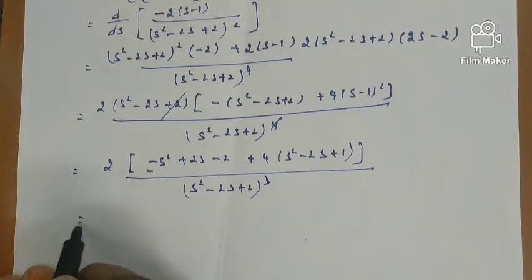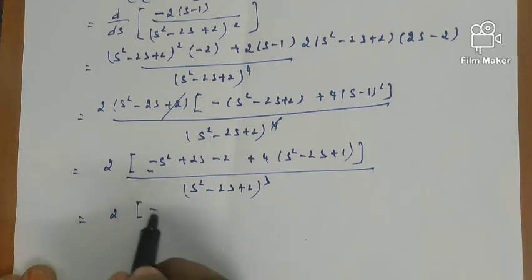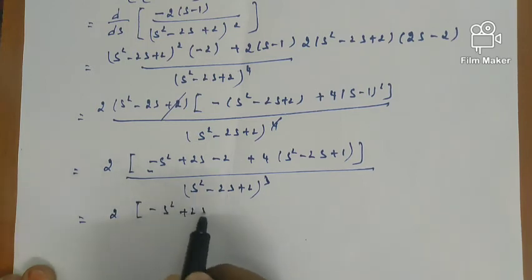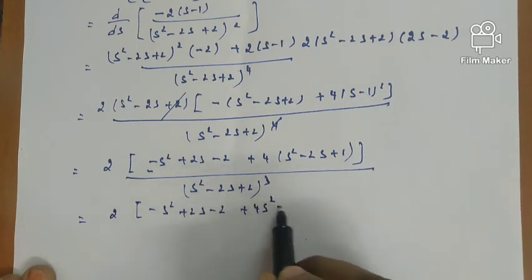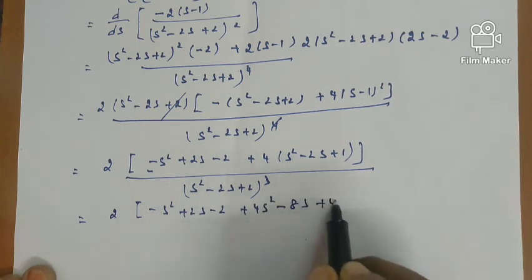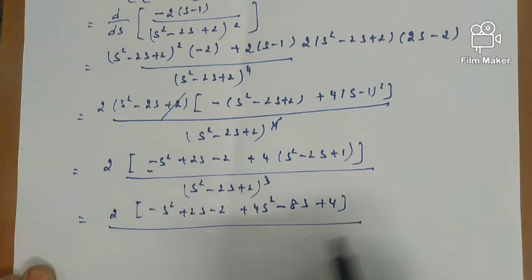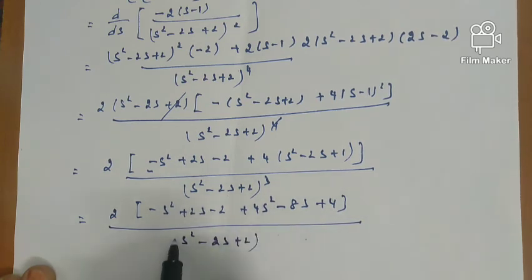Okay, so now that is equal to 2 into minus s square plus 2s minus 2 plus 4s square minus 8s plus 4, whole divided by (s square minus 2s plus 2) whole power 3.